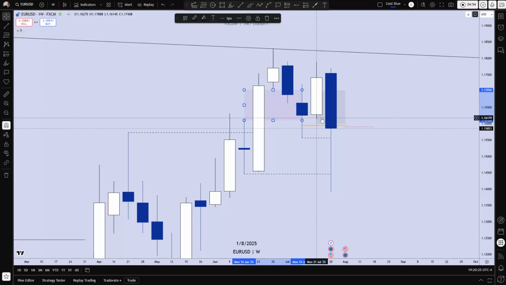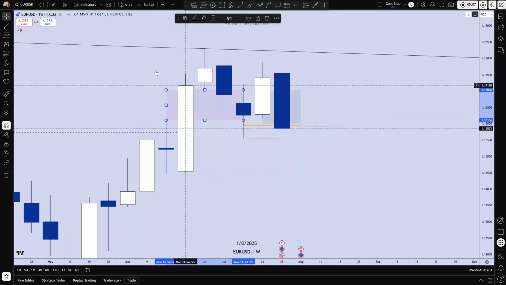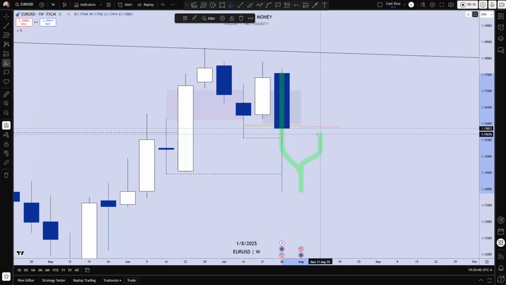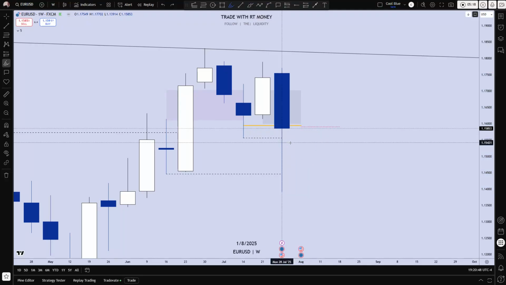Using next candle theory, we should be seeing price try and fill this wick with the next couple of candles. Also, something I want you to make note of: price has already pushed down and retraced in this one candle.